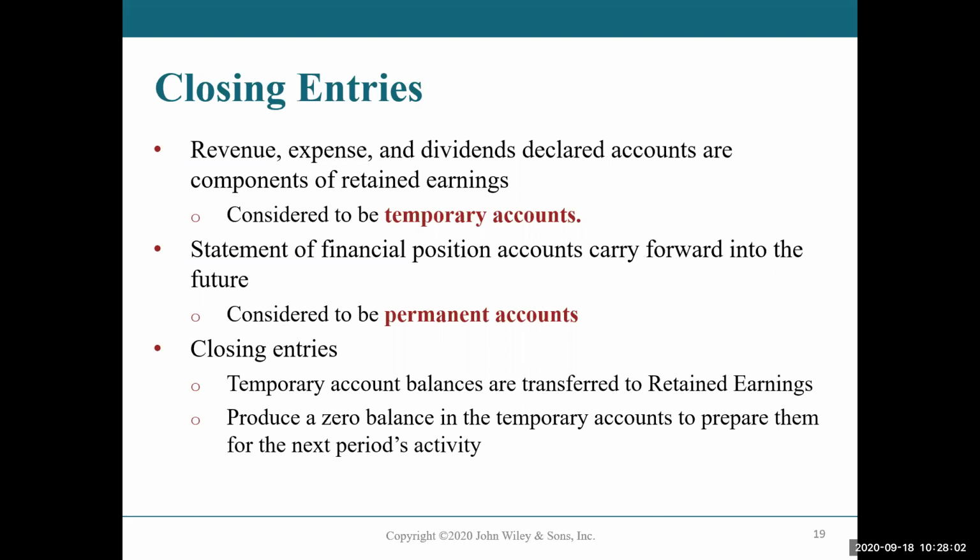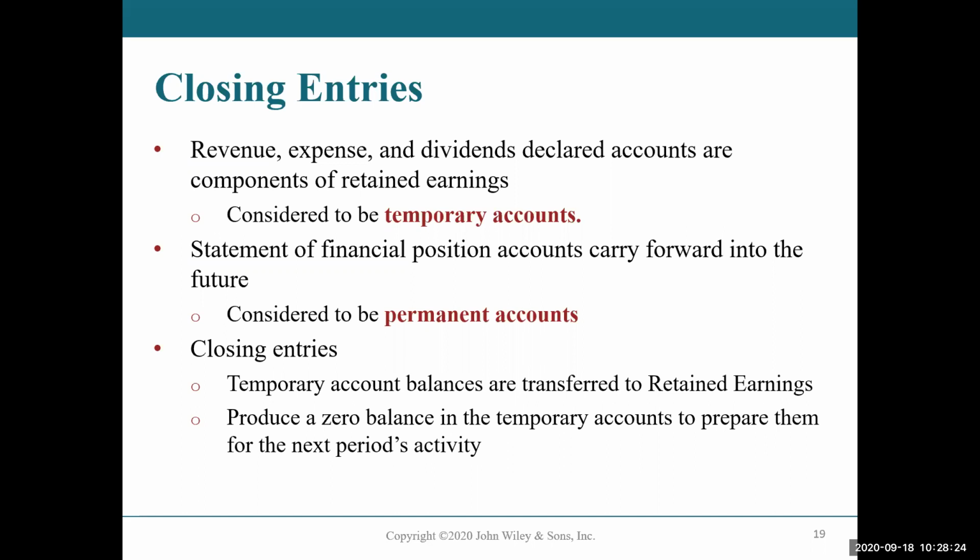So the process of closing the temporary accounts is we first figure out which are our temporary accounts, which is your R, E, D accounts: your revenue accounts, all the expense accounts, and D for dividend. Figure out the normal balance in these accounts.